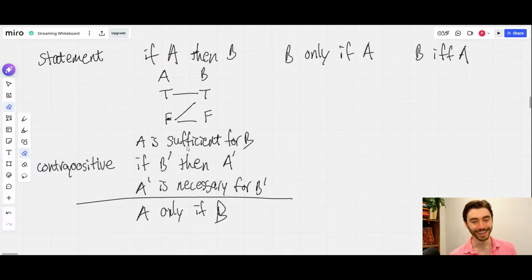We can also say that if not B, well, we've already said if not B, then not A. So B is sufficient. No, B is not sufficient for A. B is necessary for A.